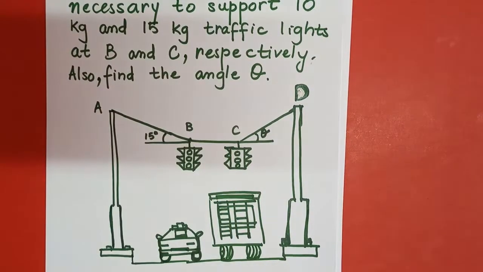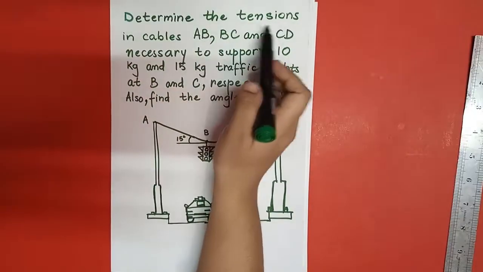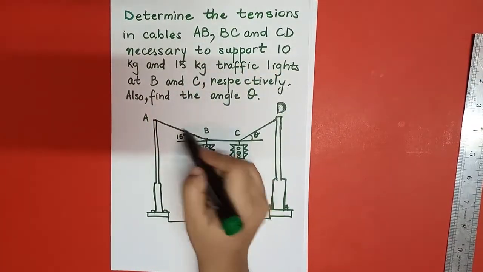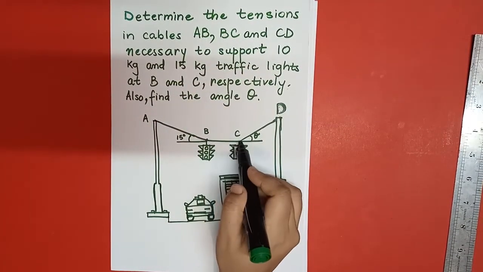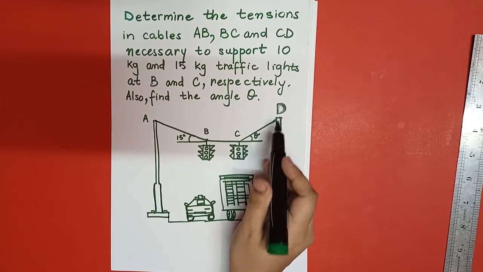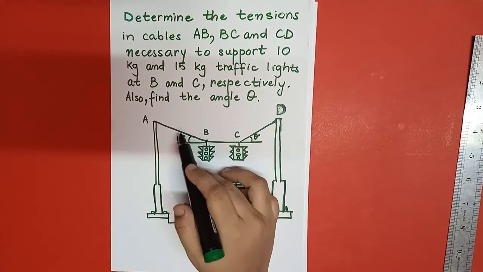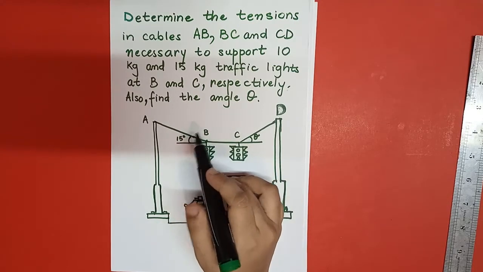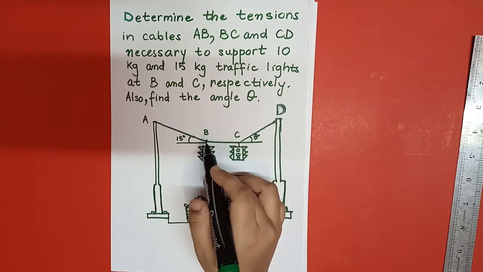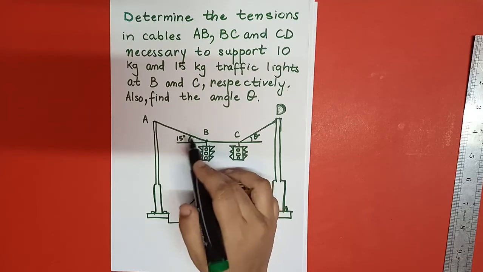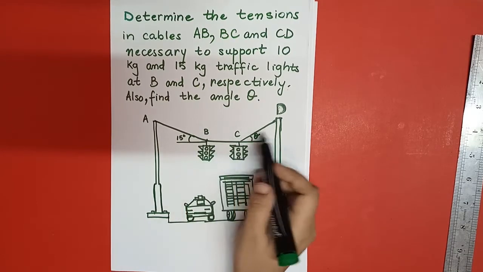It asks us to determine the tensions in cables AB, BC and CD. So there are three cables in which we have to find the tensions.